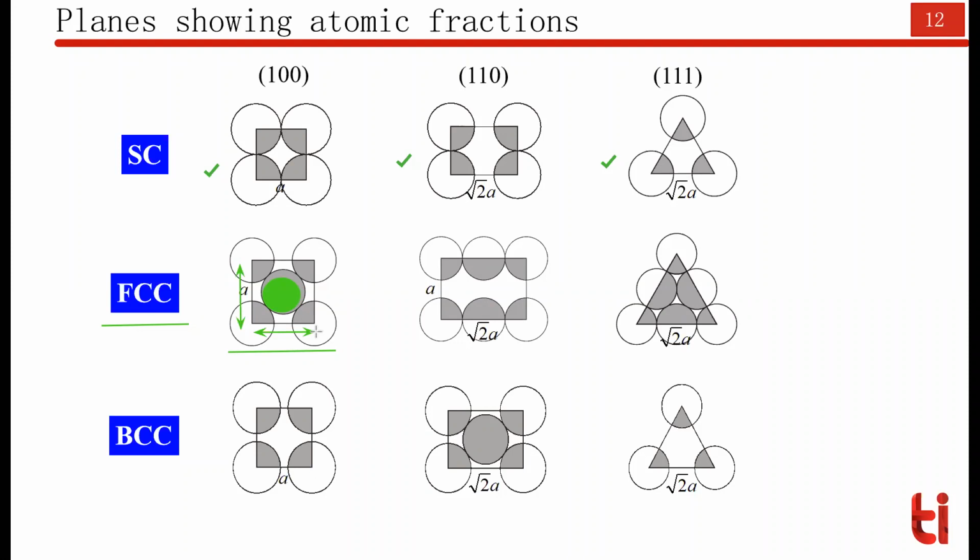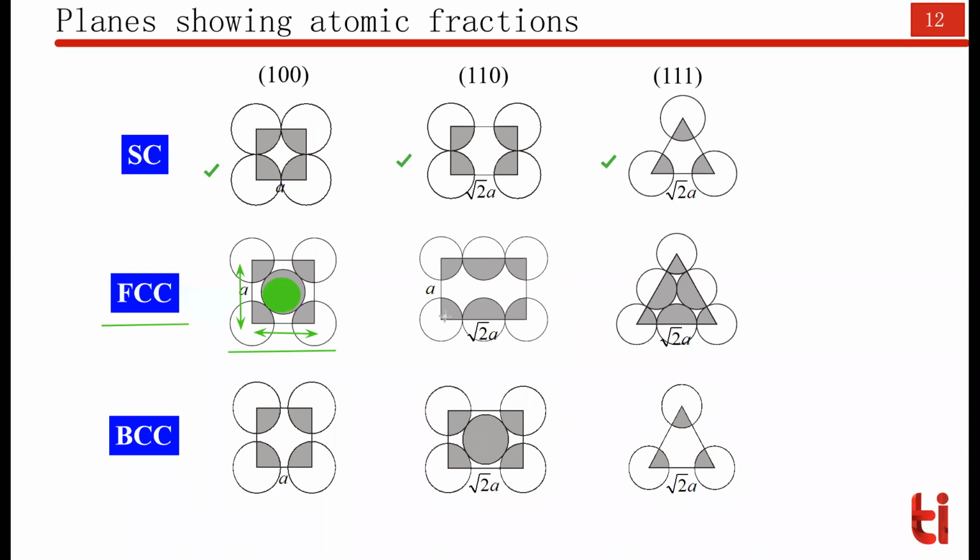Likewise, now if you look at the 110 plane, you remember the 110 plane is the one that runs parallel to two of the faces. So the plane is such that it has 4 corner atoms and then 2 parallel lines running parallel to the face diagonals.